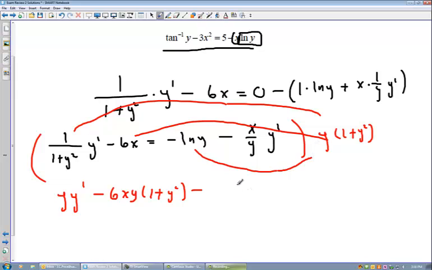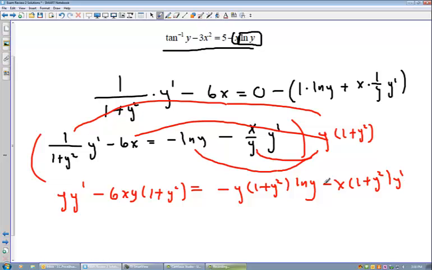So I have equal to, negative, and let's put a y here, then 1 plus y squared, ln of y. And then here, I'll multiply this by that. Now y's will cancel, so I'll get minus x, 1 plus y squared, y prime.